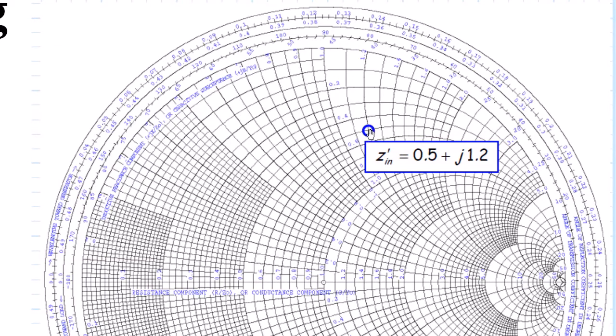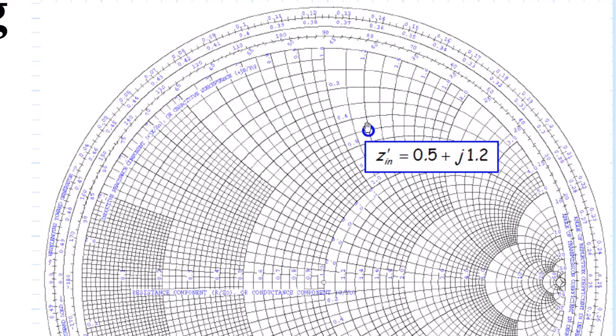This is the reflection coefficient gamma in. Here the R circle is moving here. When you reach here, it is something like 0.5. So R is 0.5.